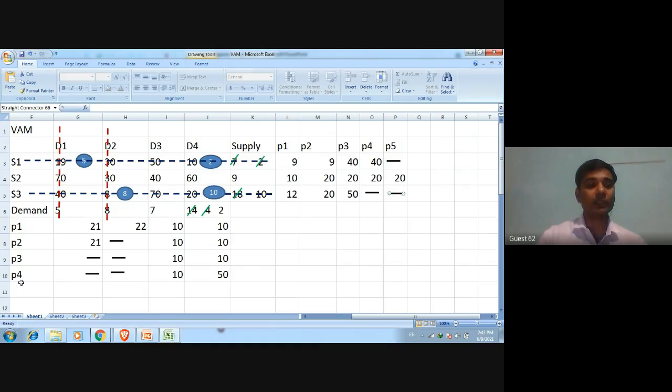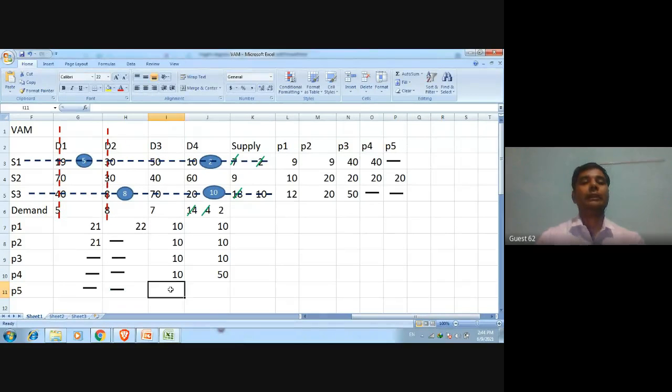Similarly, for the columns also, I have calculated penalty P5. There is no need to find the penalty for column D1, so I will draw a dash here. Also, there is no need to calculate penalty for column D2, so I will also draw a dash here.